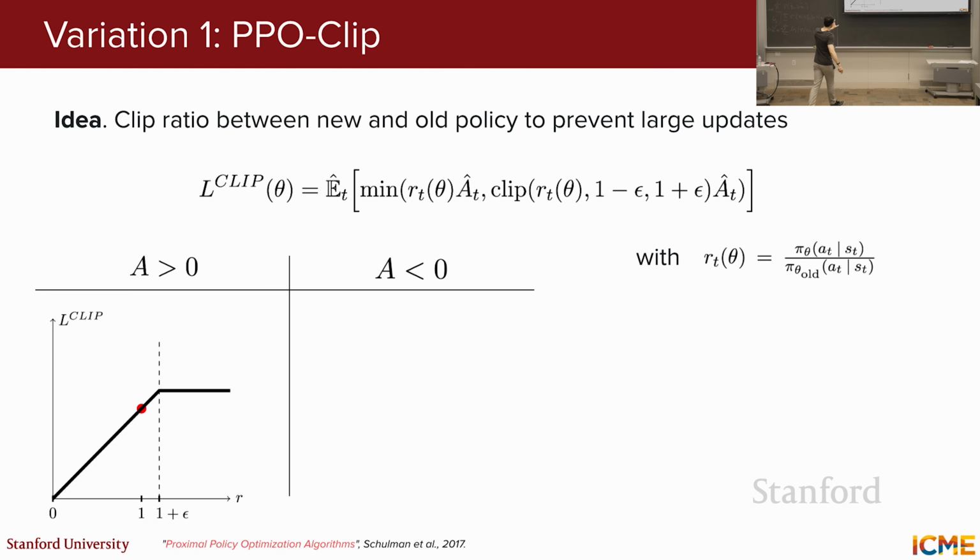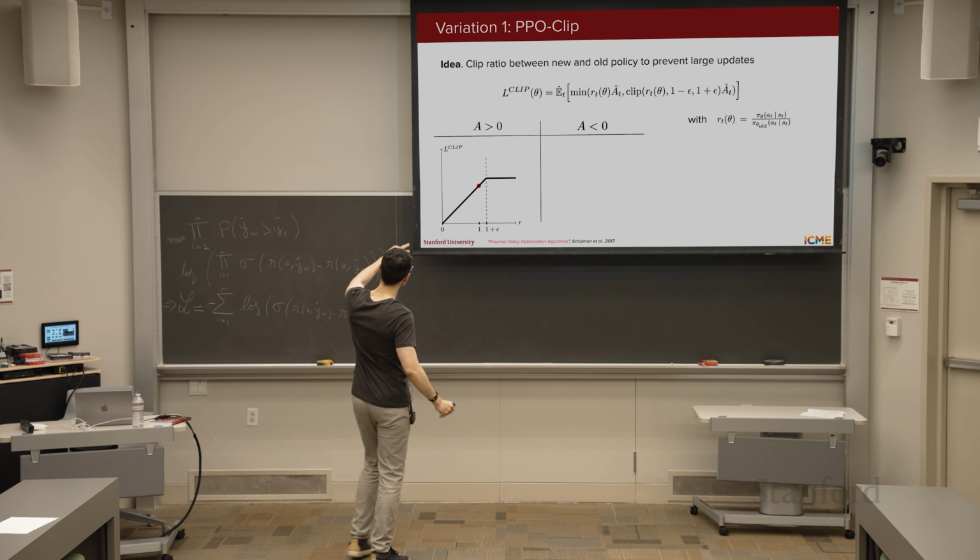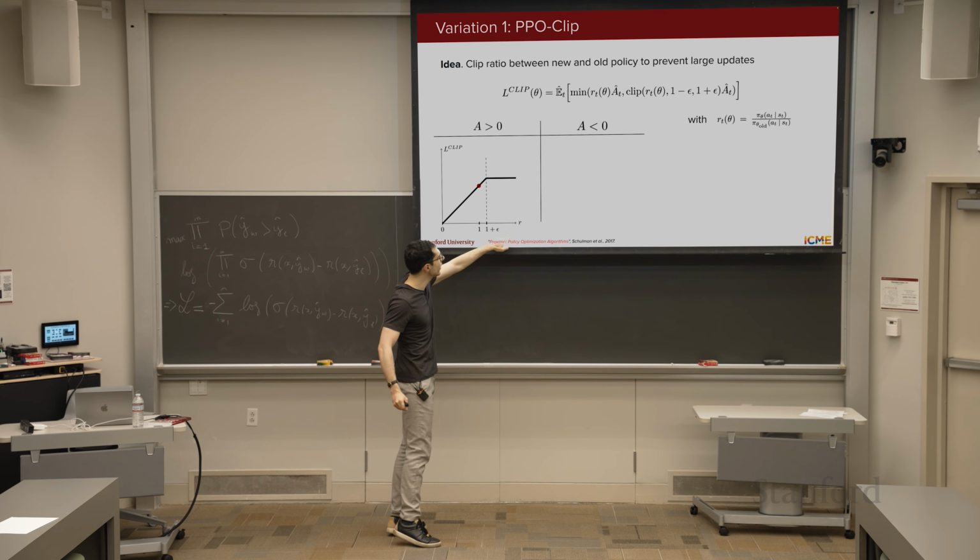So if the advantage is positive, it means that we somehow want to reinforce whatever was generated. And so here, our objective function will look like this.